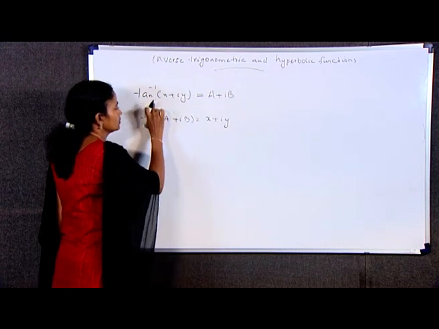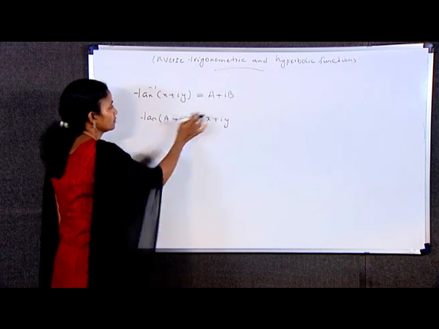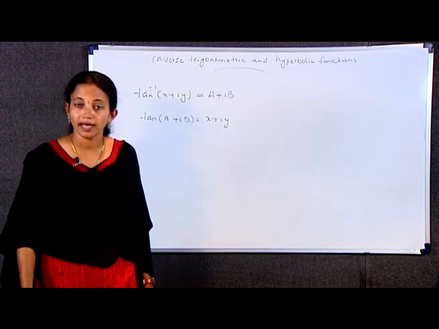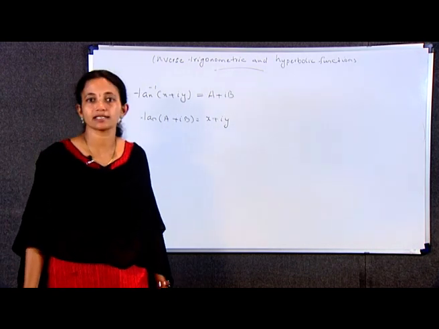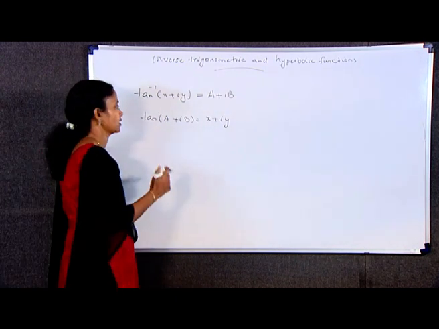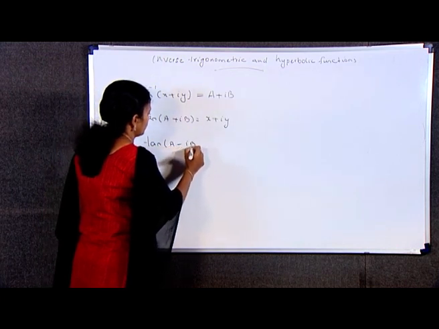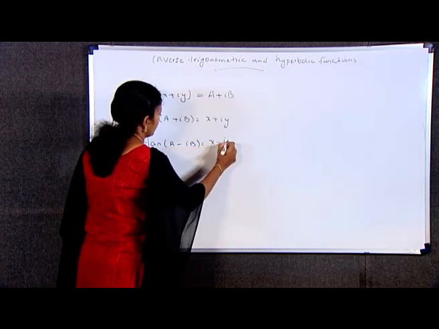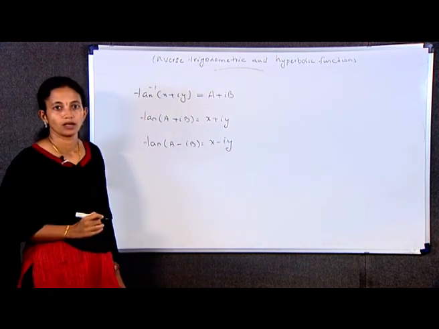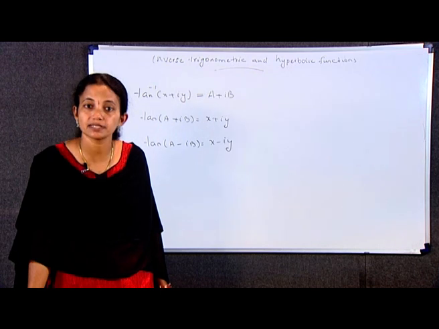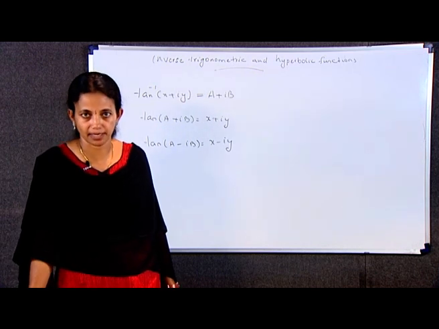Here we have tan inverse. So, taking this to this side, we have tan of a plus ib is equal to x plus iy, and also tan of a minus ib is equal to x minus iy. Hence, tan 2a is equal to tan of a plus ib plus a minus ib.